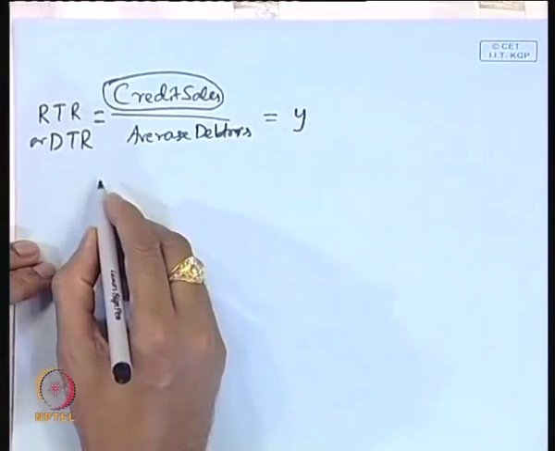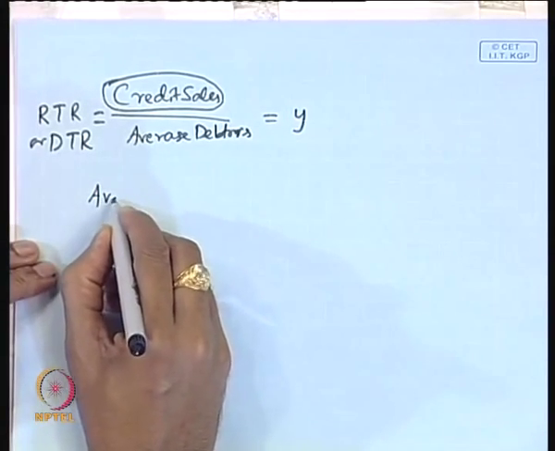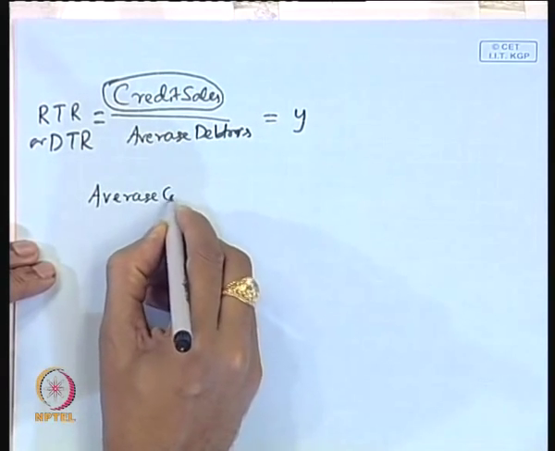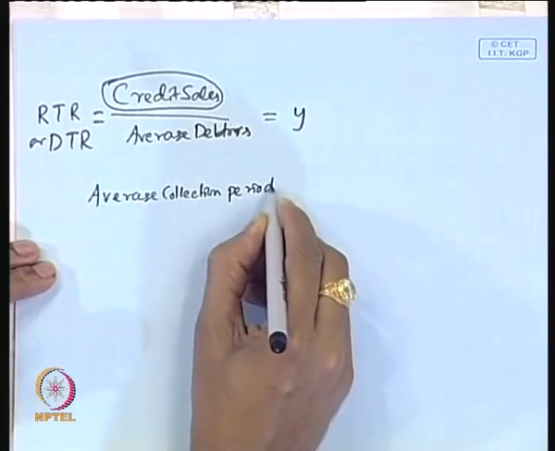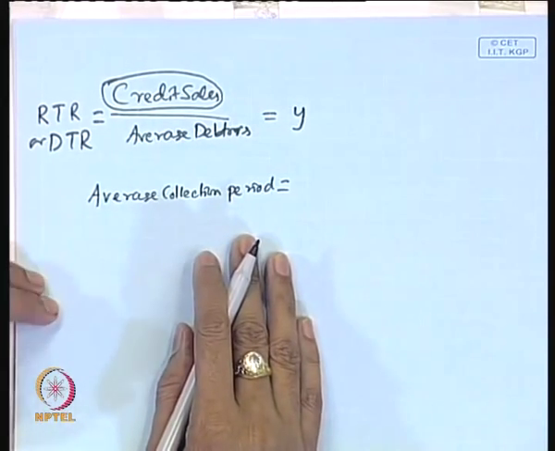From this debtors turnover ratio, one can also find out something called the average collection period. Average collection period is nothing but how many days on an average it takes for the company to get back the money from the debtors or receivables, how many days it takes to realize the receivables into cash.